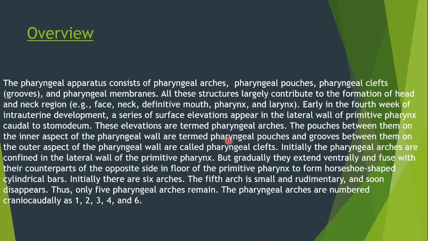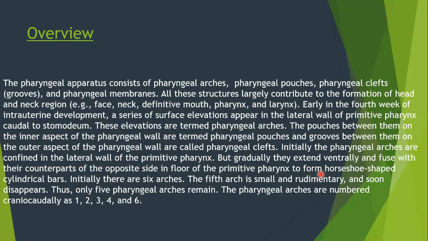Now, initially, the pharyngeal arches are confined only to the lateral wall of the primitive pharynx, but with time, they extend ventrally and fuse with their counterparts of the opposite side in the floor of the primitive pharynx to form horseshoe-shaped cylindrical bars, which are 6 in number at first.